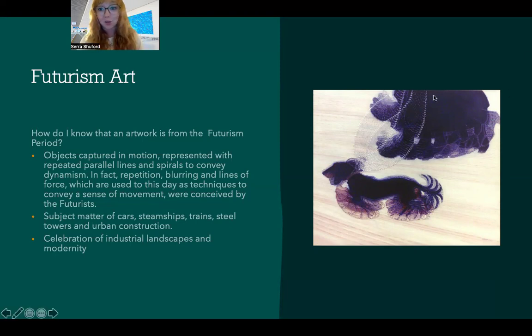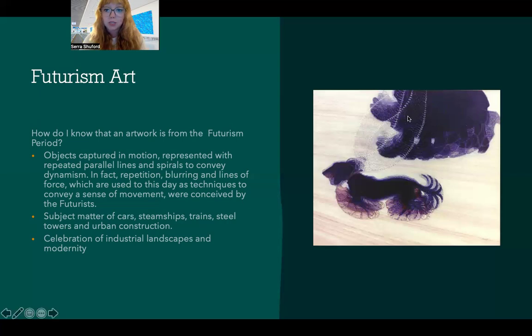So I have this cute little painting over here of this person walking their little dachshund, and those repetitive parallel lines and spirals convey or allude to this motion happening. That is something that you see a lot in futurism.